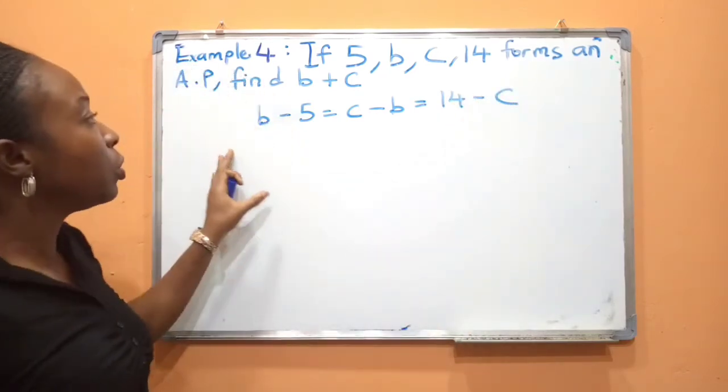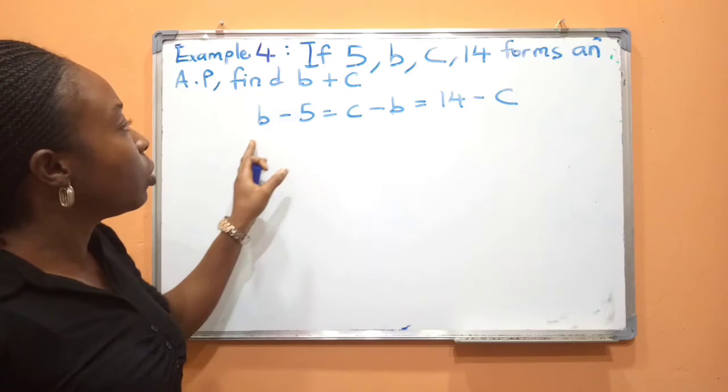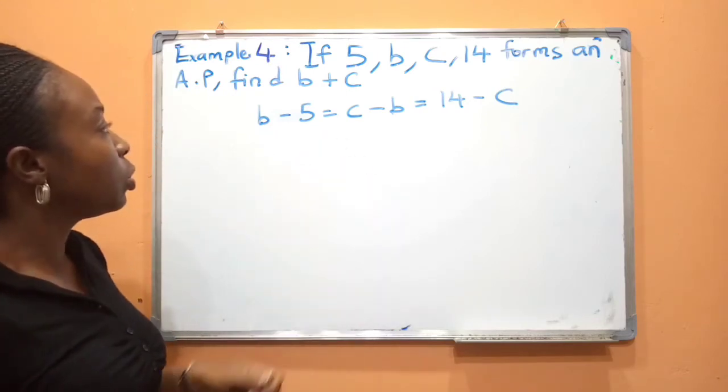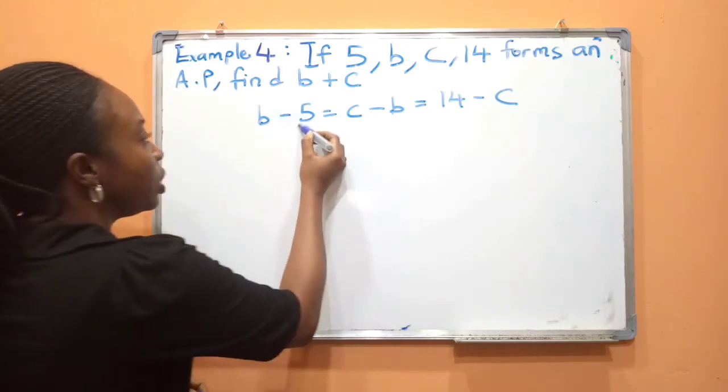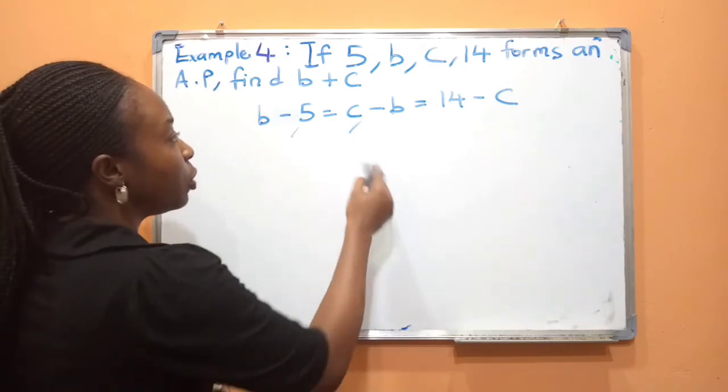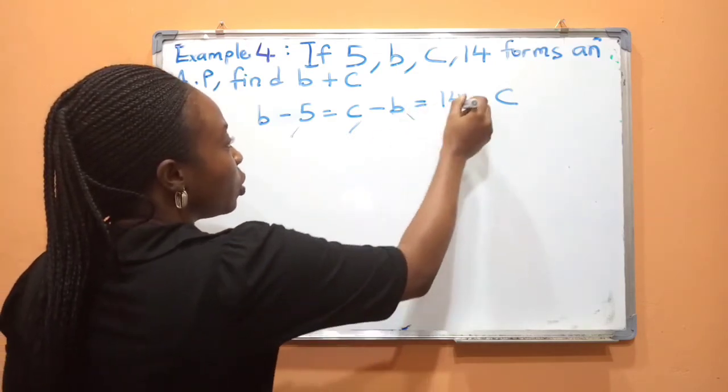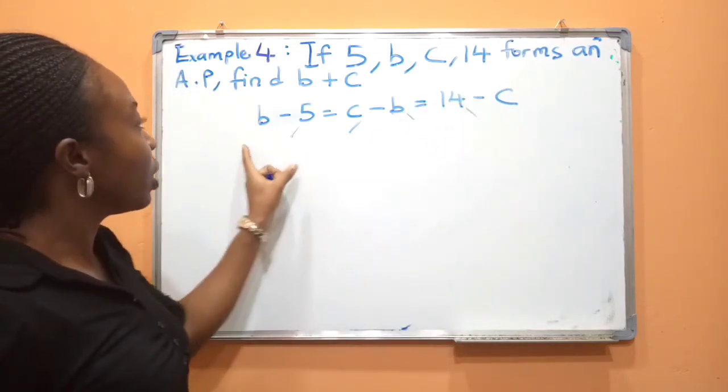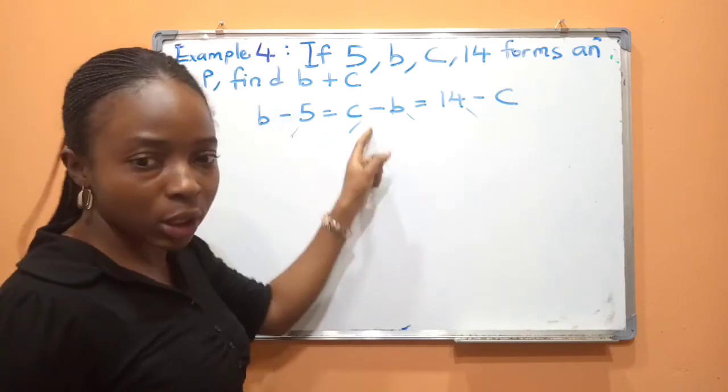So what we are going to do, let's start by equating two of them. We can choose to use this and this, or we can equate this one to this one. So let's just start by equating this first one to the second one.